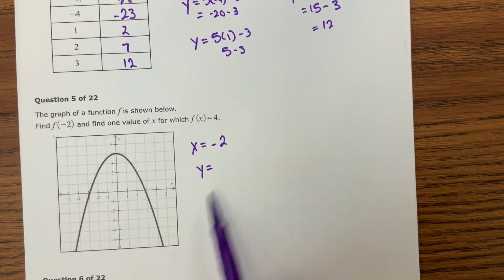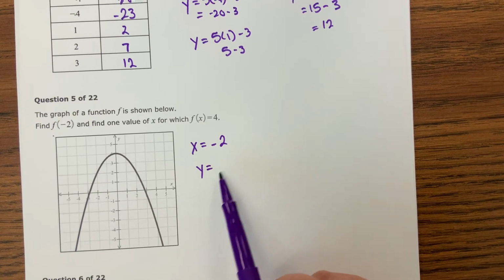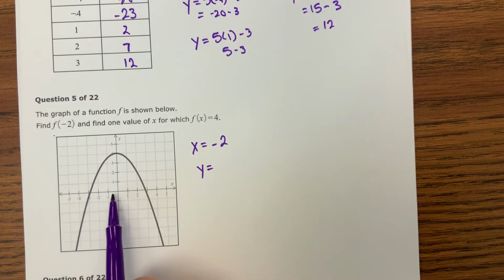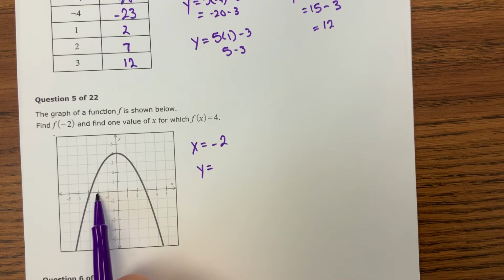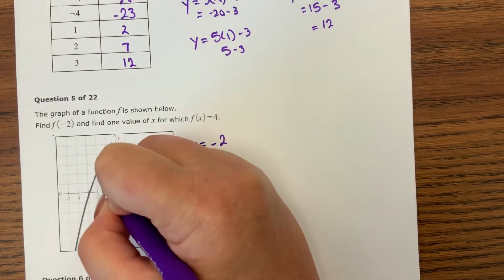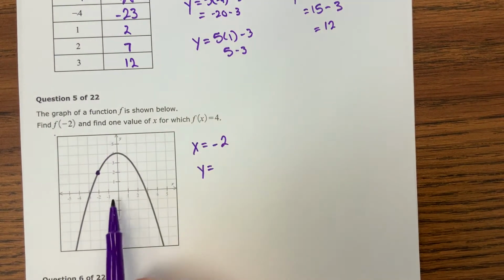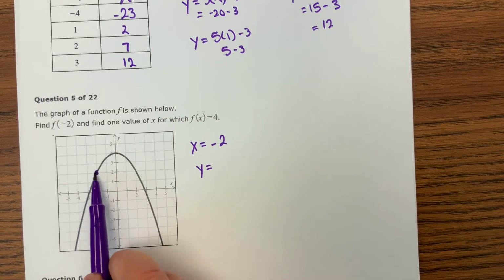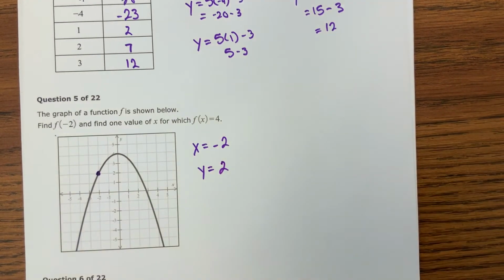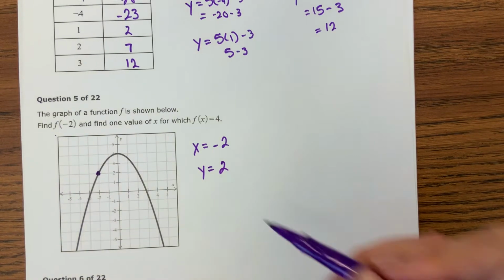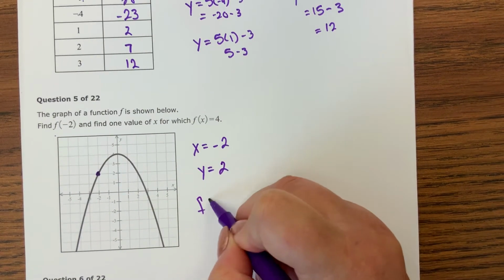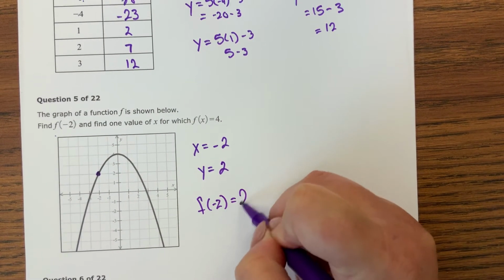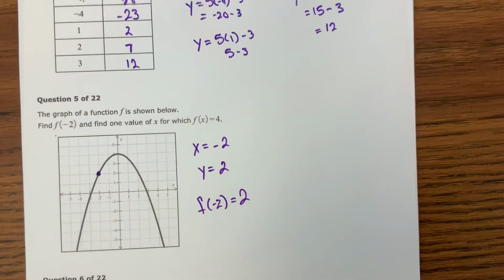Your graph is already done. So you just use your graph to complete that ordered pair. So we would go to -2 on the x-axis, and then you go up to where your graph would meet at -2. So it goes up to 2. So that means your other half of your ordered pair is 2. So that's your answer to f of -2 is 2. That's how you would answer it.